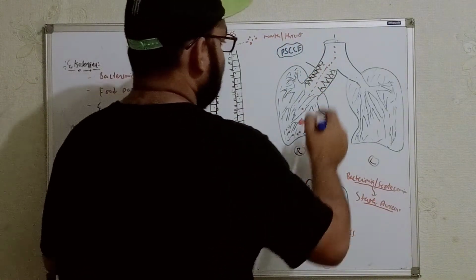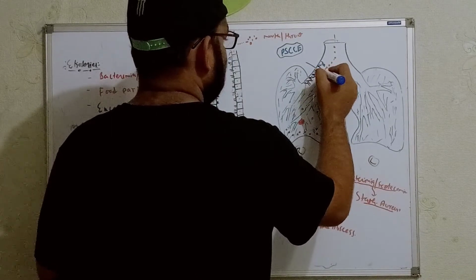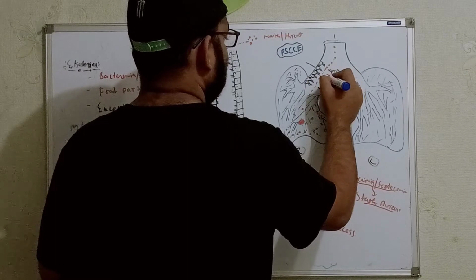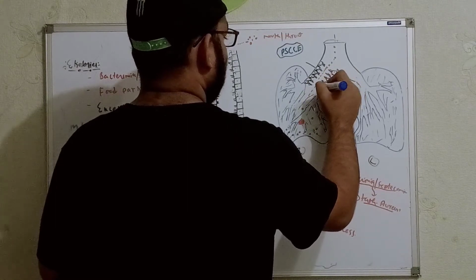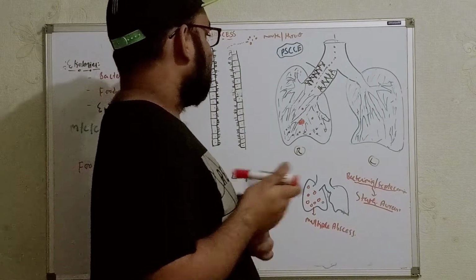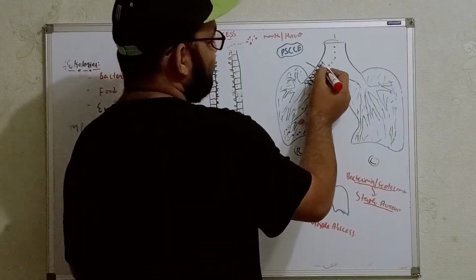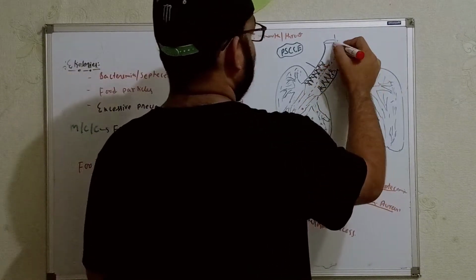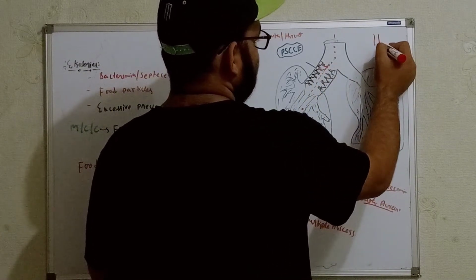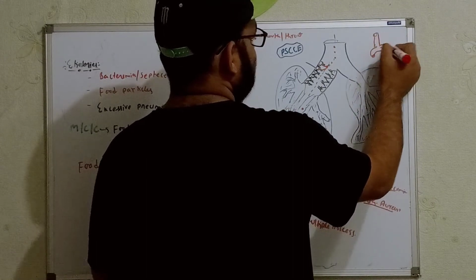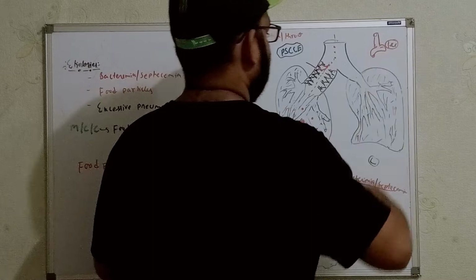Now this type of cell has cilia. By the ciliary movement, they will try to stop the foreign bodies. At first they will try to push them back. And there is a chance that the foreign bodies will come into the GI system and ultimately reach the stomach, and by the action of HCl acid, these things will get destroyed.